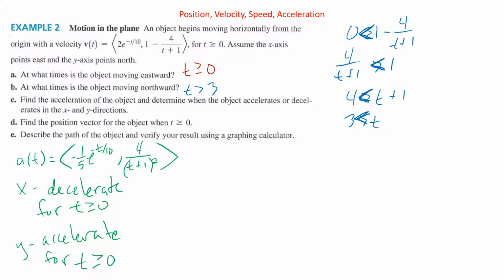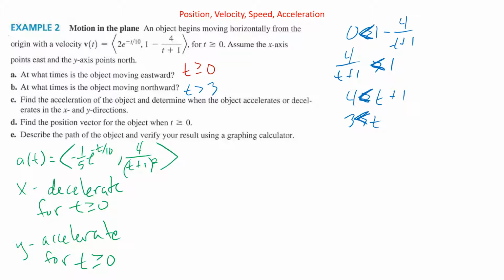So it will always be accelerating. So what's interesting here is it's constantly moving east, but it's moving east slower and slower and slower, while it's moving north faster and faster and faster. So that creates a fairly interesting part of the graph.